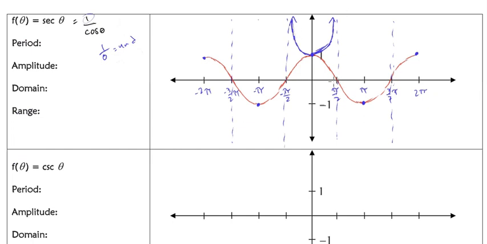Now, once we get past our first asymptote, we have 1 being divided by smaller and smaller negative pieces. So as 1 gets divided by smaller and smaller negative pieces, our output is negative and heading towards negative infinity.